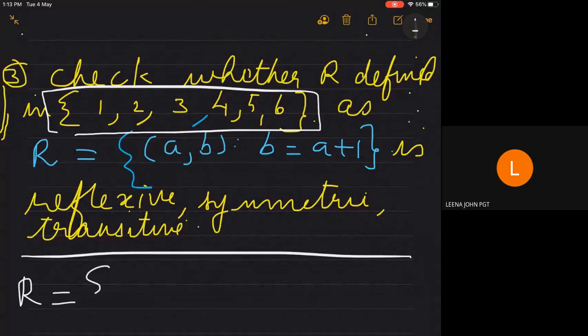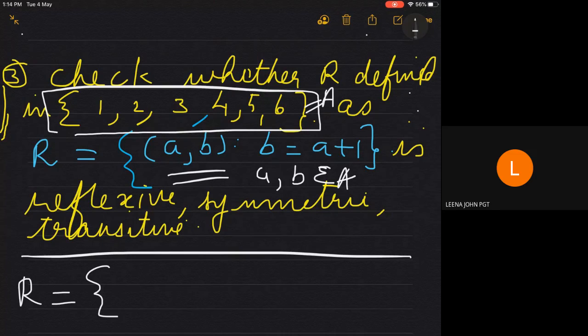So R is the set of all ordered pairs (a, b). You find such ordered pairs, and a and b are coming from where? A and b are coming from this mother set, which is the set 1, 2, 3. So we can put some values of a and b. How to get the ordered pair? The first value of a is 1. Then the value of b equals a plus 1, so 1 plus 1, that is 2.